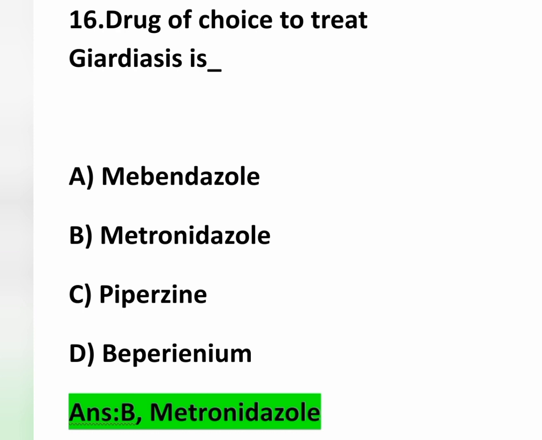The drug of choice to treat giardiasis is metronidazole. Giardiasis is a diarrheal disease which is caused by Giardia duodenalis. This metronidazole is usually given to treat anaerobic bacterial infection. Here option B is the correct answer.